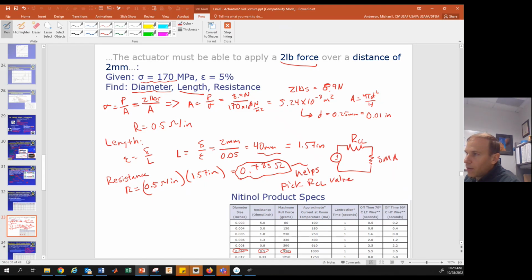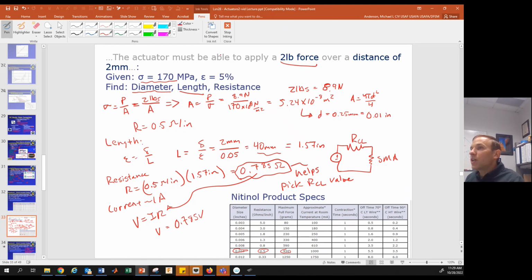You're going to do that in the pre-lab for the lab. If we want a current of about 1 amp, we can use Ohm's law, V equals IR. Plug in the R we just figured out, and you get a voltage of about 0.785 volts.